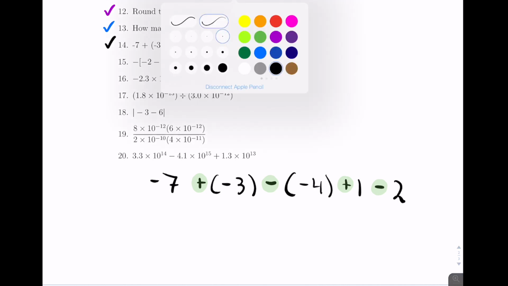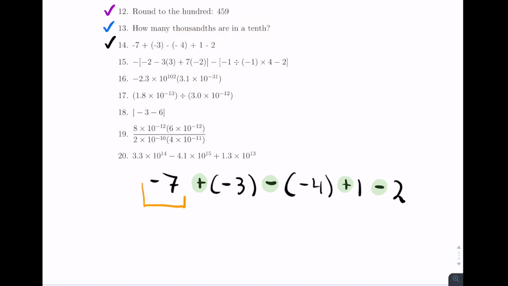So in reality, this is our term 1, this is our term 2, term 3, term 4, and term 5. But there's nothing to do in those terms because they're just numbers. So all we have to worry about are the signs. So let us worry about the signs. We have a positive and a negative, so that will be turning into subtraction. We have a negative and a negative. That turns into a positive.